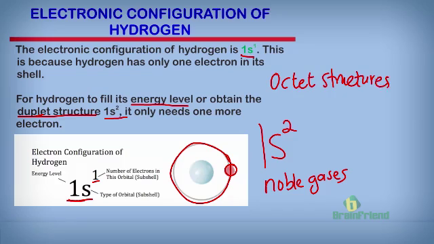Now, most elements obtain this octet structure by having 8 electrons in their outermost shell. It's just a few elements that obtain a duplet structure, such as hydrogen and lithium.